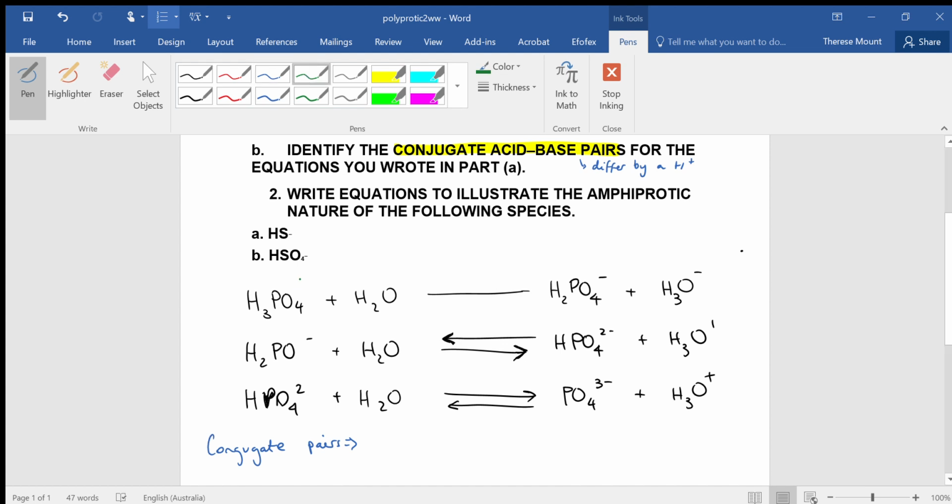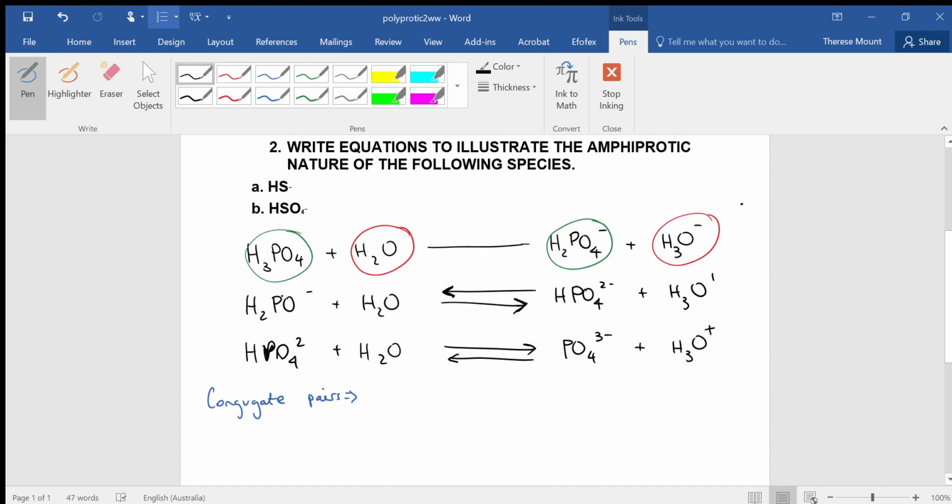So we can see that this and that differ by H+, and this and this also differ by one proton. Then we just have to decide which one's acting as the base and which one's acting as the acid, and we always write the acid first when we list our conjugate pairs.